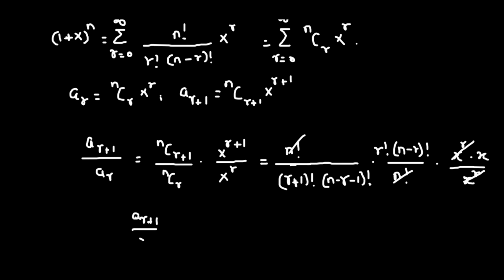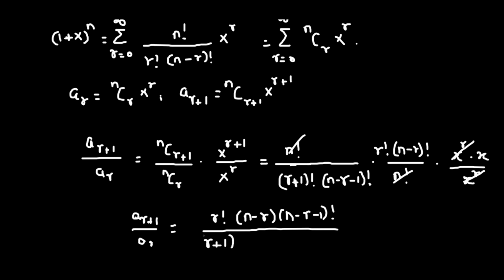a_(r+1) divided by a_r, which is equal to, we have r factorial in the numerator and (n minus r) factorial in the denominator. That can be written as (n minus r) times (n minus r minus 1) factorial, so that we can factor it out. (r+1) factorial can be written as (r+1) times r factorial times (n minus r minus 1) factorial.